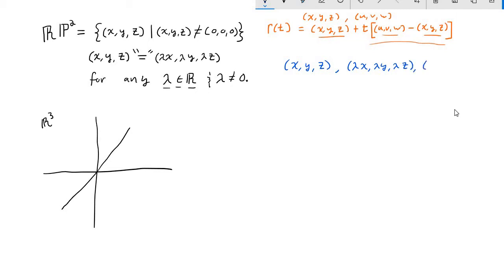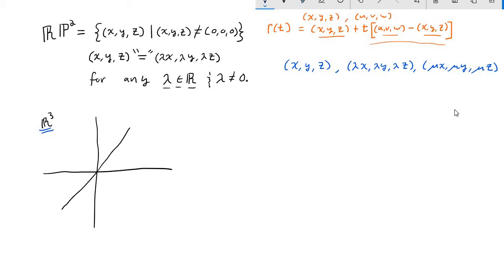And let's also consider a third point, mu x, mu y, mu z. First, let's forget the fact that we're working in RP2 for a second and just think about R3.